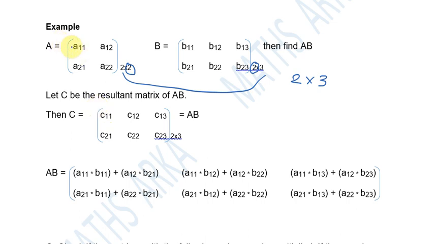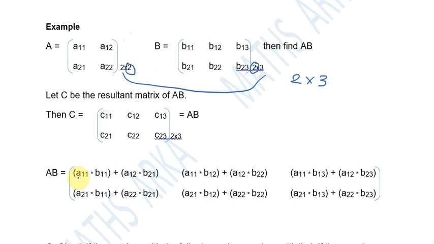Now if we talk about how we multiply, C11 would be the first row multiplied with the first column and then added. So C11 would be A11, the first element from here, multiplied with the first element from here, then the second element from here multiplied with the second element from here, and then these two would be added.